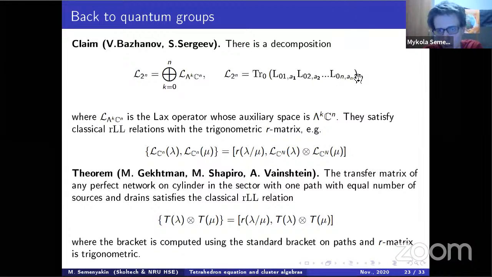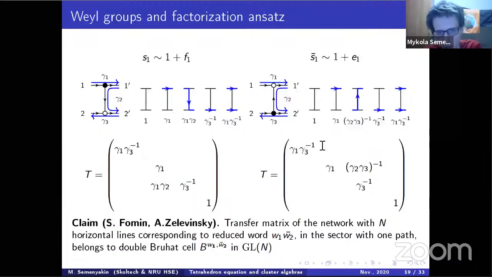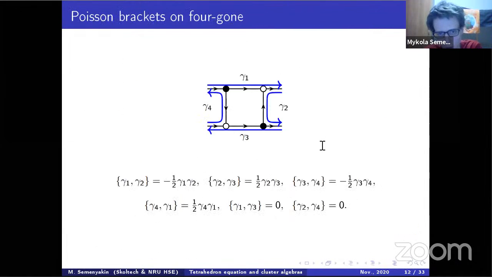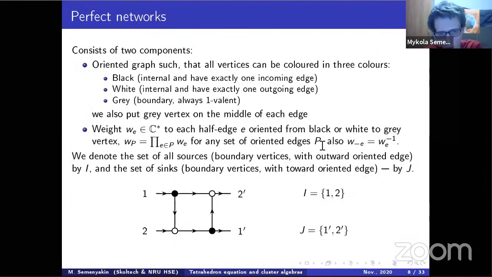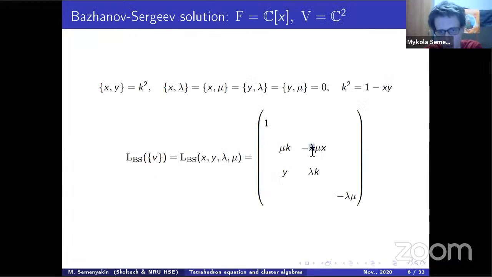And the spectral parameter comes from the dependence on this lambda and mu.